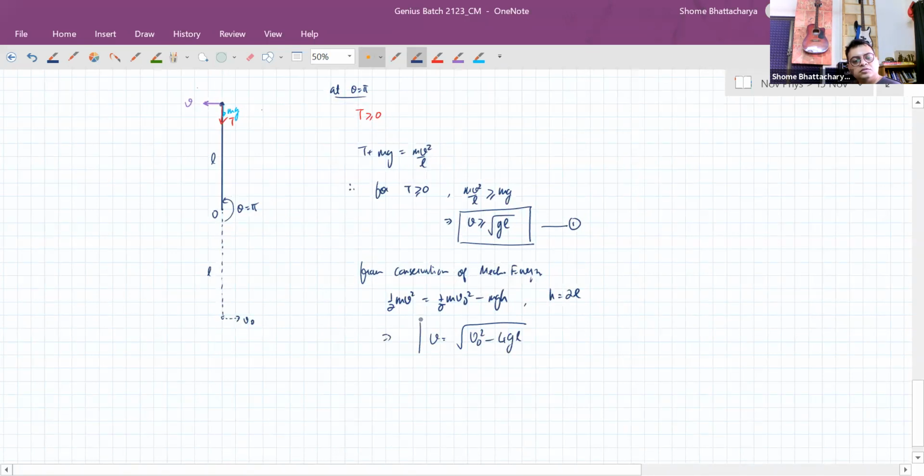When you substitute H as 2L, therefore substituting in equation 1, this should be greater than equal to GL.